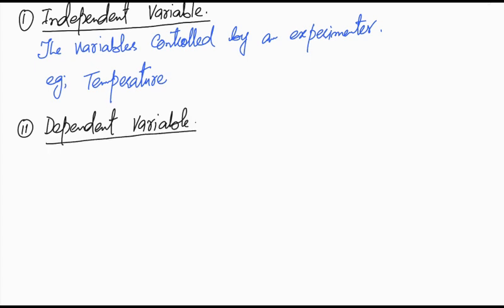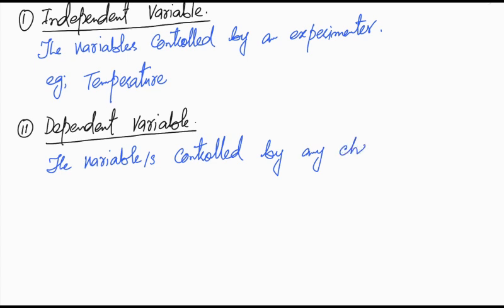What is a dependent variable? The variable or variables affected by any change in the independent variable.